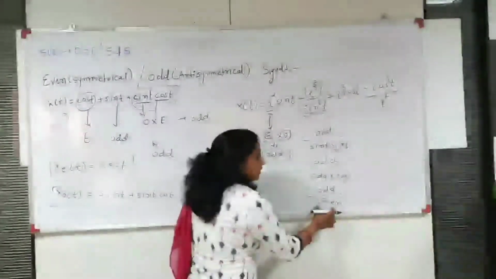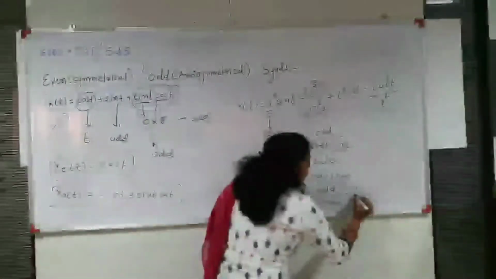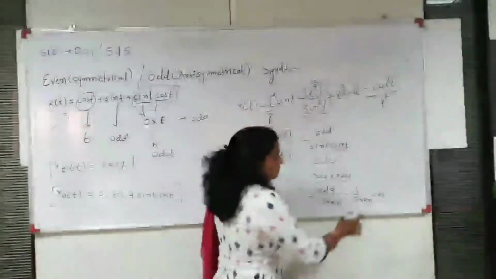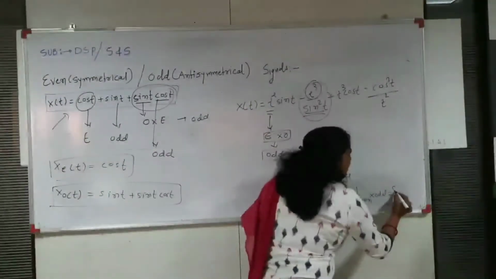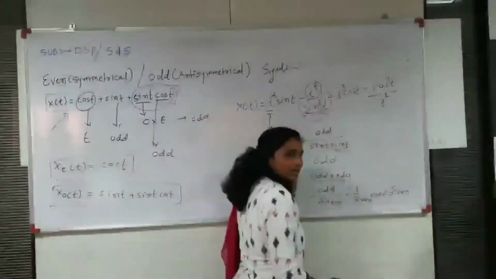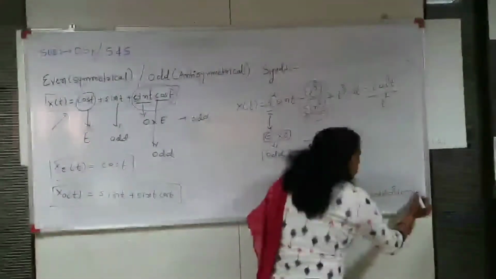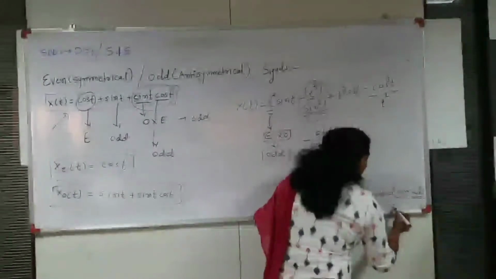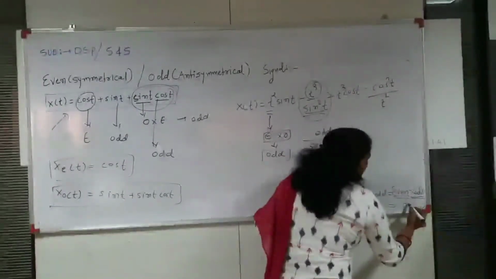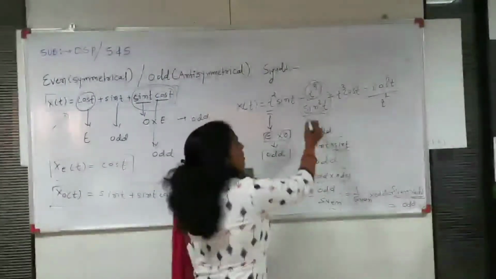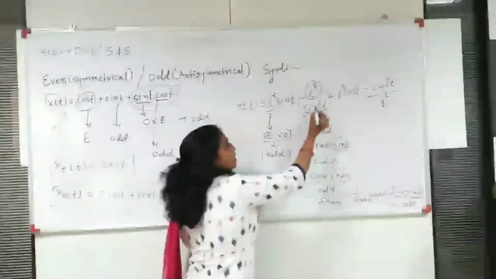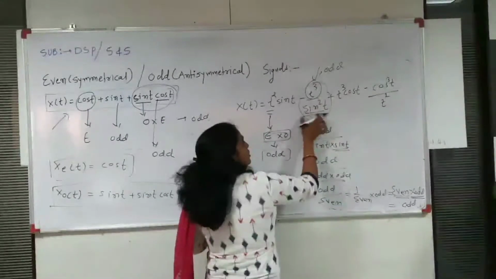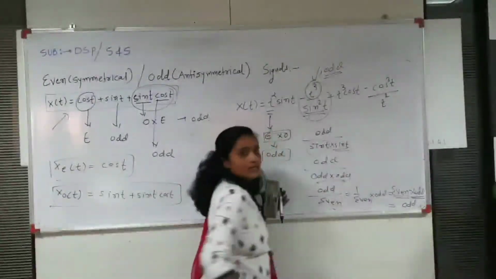Now odd upon even, so we can say 1 upon even into odd. This 1 upon even is always an even signal by the property, and even into odd is always odd. So again this component is the odd component.